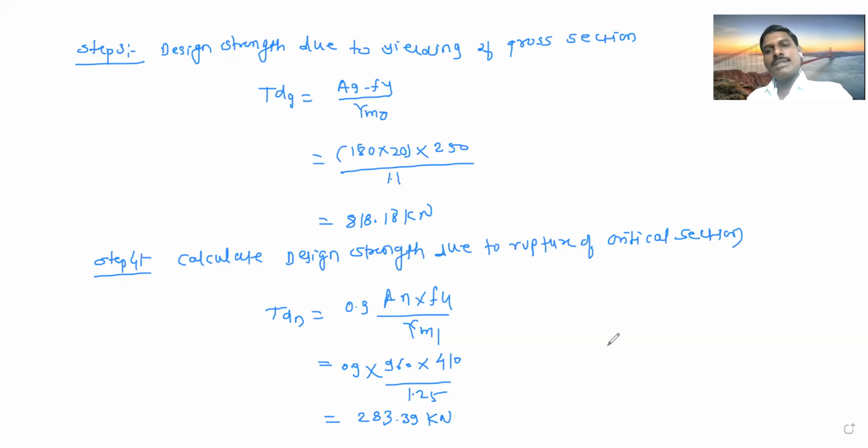Now, one more thing is there. The plates do not fail due to block shear. See, block shear failure will be for the angle only. Generally, plates do not fail due to block shear failure, so there is no necessity to calculate block shear failure for the plate.